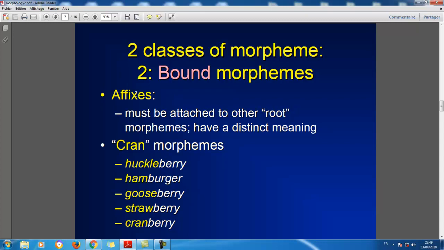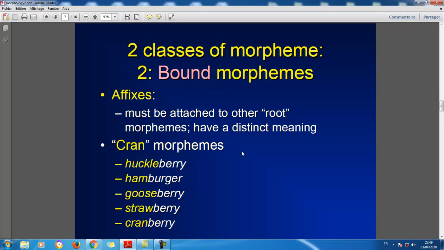By an affix, we can refer to a prefix, an infix, suffix, and other things. Now, all these units should be attached to the roots, to other root morphemes. Okay, the affixes must be attached to other root morphemes.